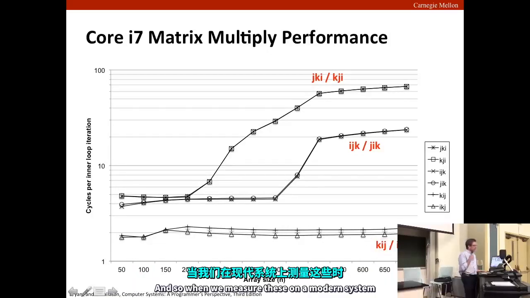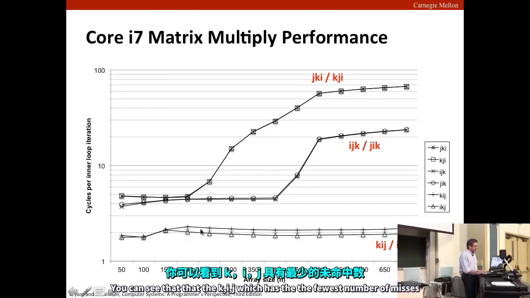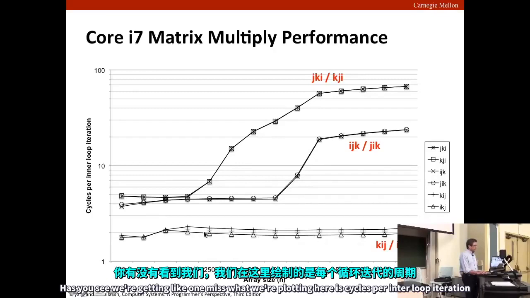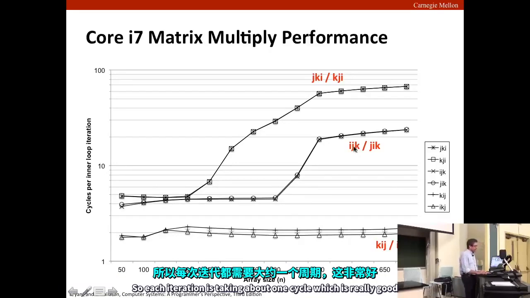And so when we measure these on a modern system, you can see that the KIJ, which has the fewest number of misses, is getting about 1 cycle. What we're plotting here is cycles per inner loop iteration. So each iteration is taking about 1 cycle, which is really good.